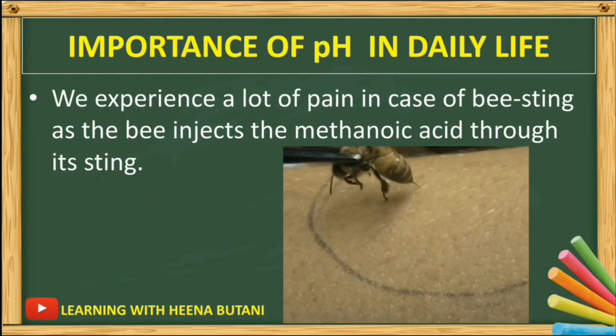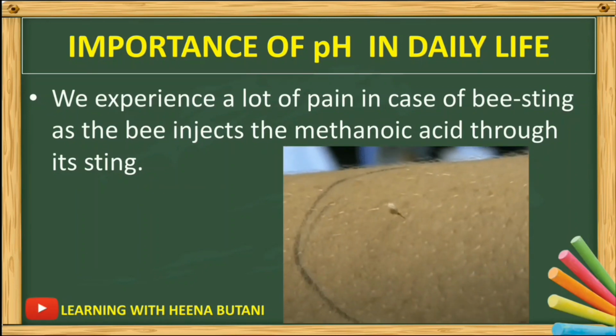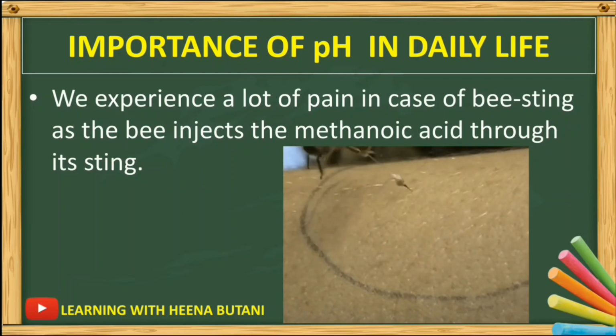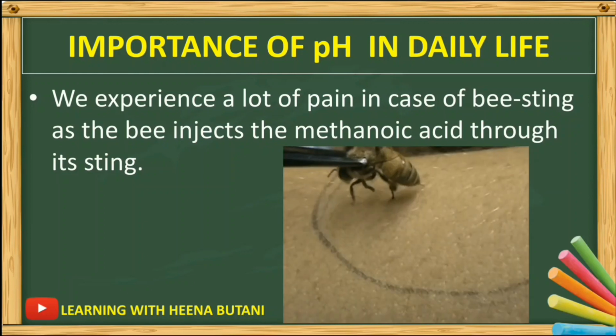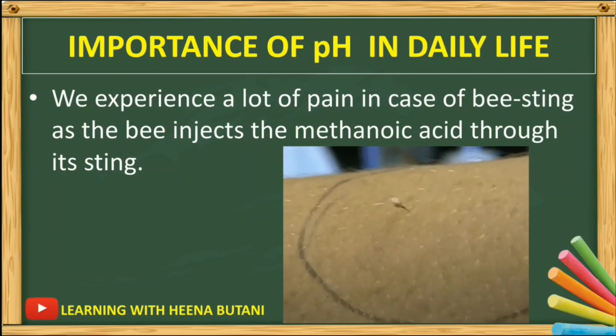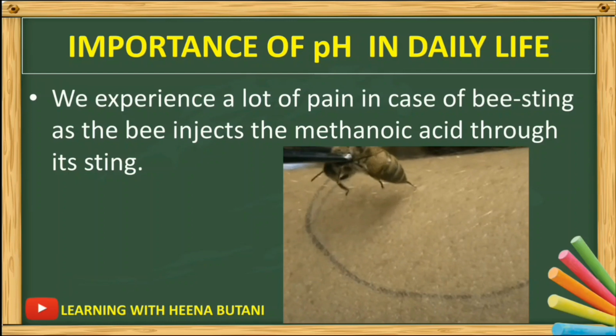Again, a common experience. We experience a lot of pain in case of a bee sting or ant sting, as the bee injects methanoic acid through its sting under our skin, due to which we feel redness, swelling or irritation on the skin.